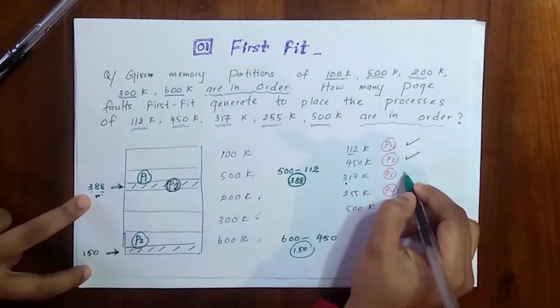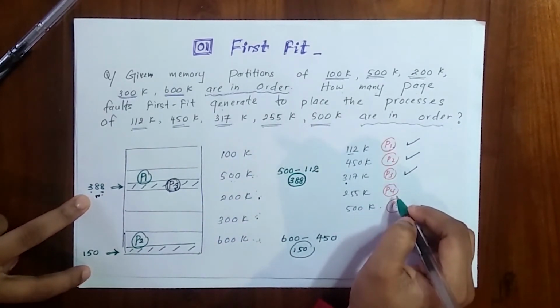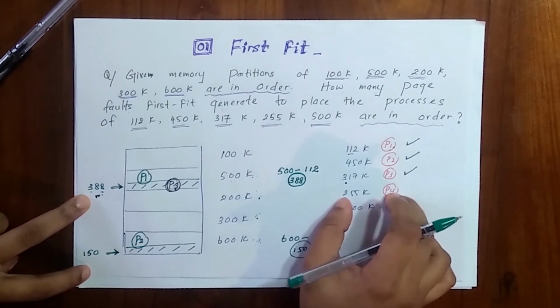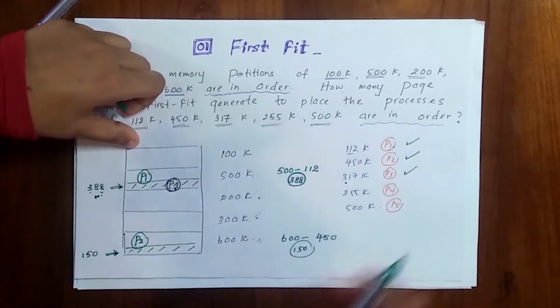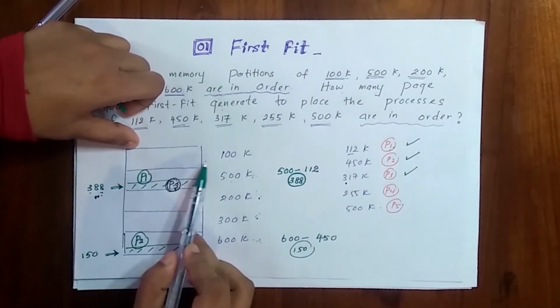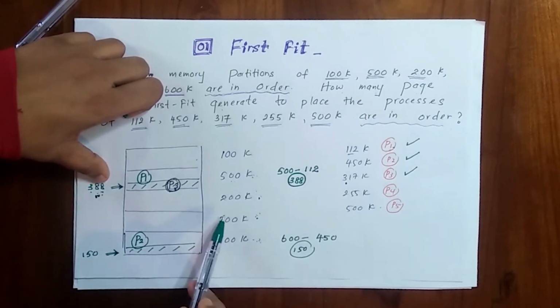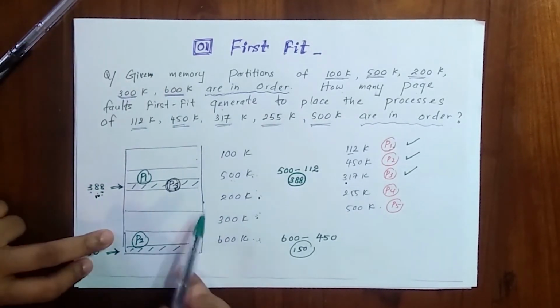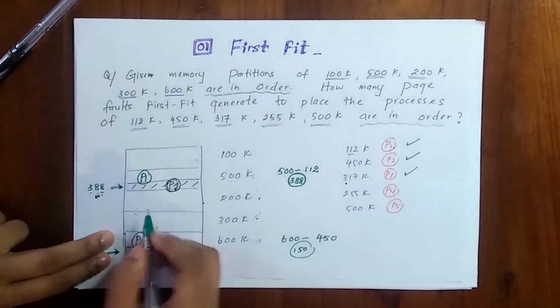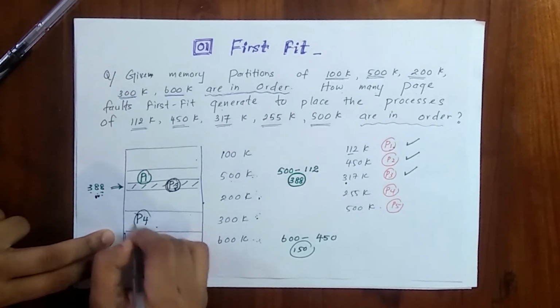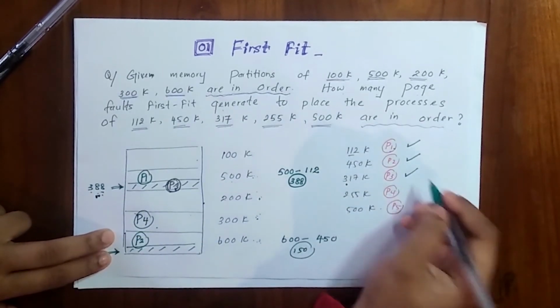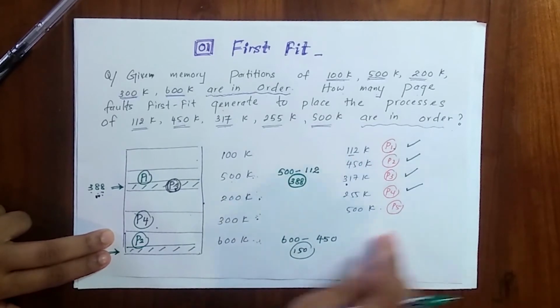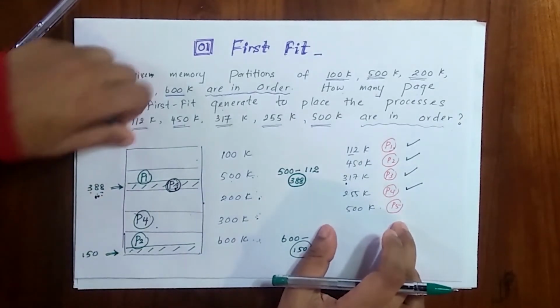And now let's move to P4, and it is 255. So you can see that you can't place it here or here or here, but you can place it in this partition. And we are done with P4 as well. Now finally P5.